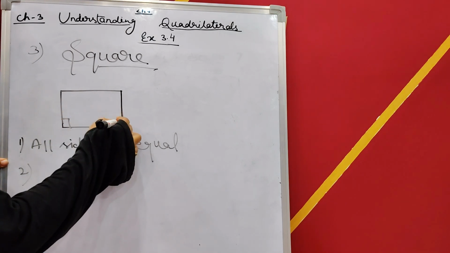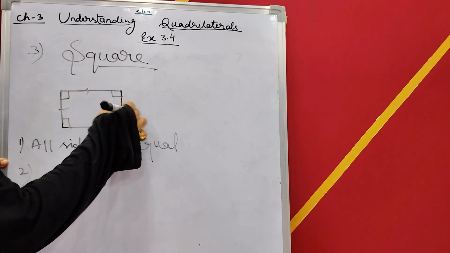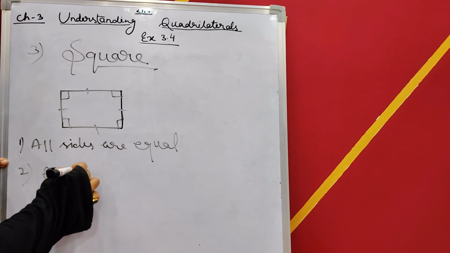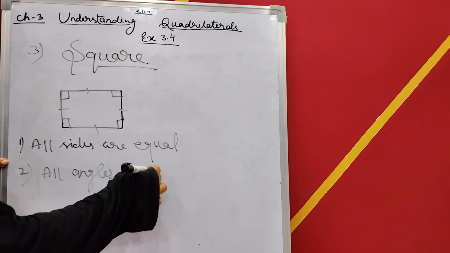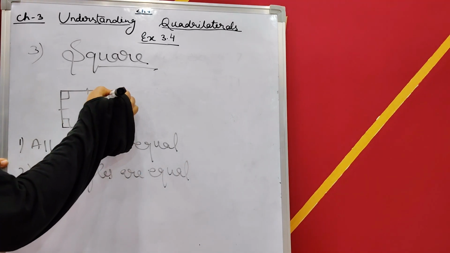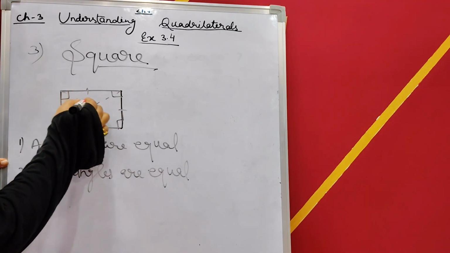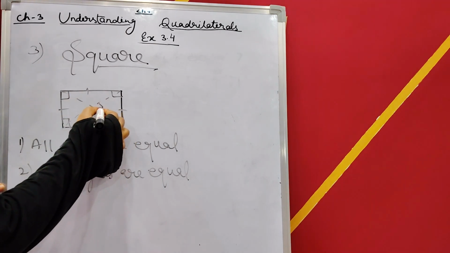All angles are equal, that is 90 degrees, 90 degrees, 90 degrees. Okay, so all angles are equal. If you draw the diagonals, they are also equal. So diagonals are equal and they bisect each other at 90 degrees.